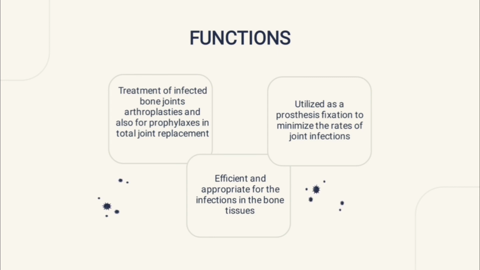However, the elution of antimicrobial agent depends not only on the properties of the bone cement but also on the amount of antibiotic that is incorporated in it. But this therapy must be accompanied by surgical debridement backed with systematic therapy. And on top of that, its validity is still used in debates and researches.